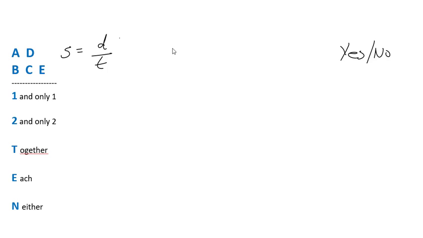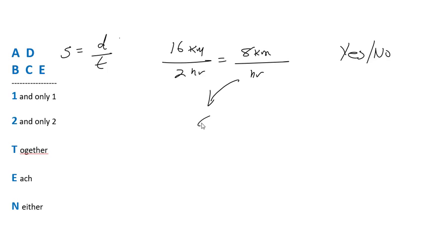The speed we're curious about is what? 16 kilometers every 2 hours, which of course simplifies to 8 kilometers per hour. Let me write it down here. 8 kilometers per hour. And what about 8 kilometers per hour?